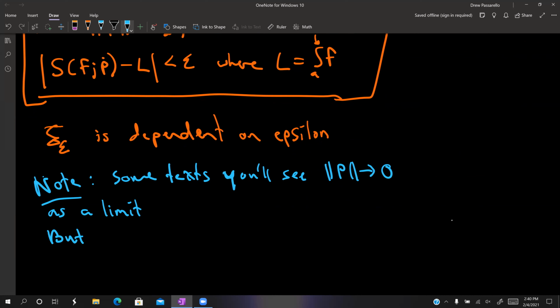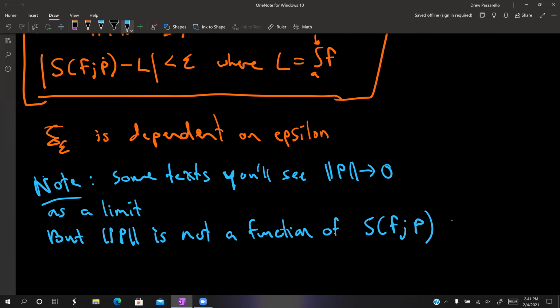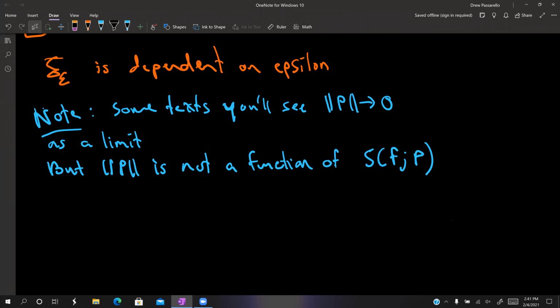But this limit isn't the limit that we've been talking about in regards to functions, as the norm is not a function of the sum. So this is basically a different type of limit than what we've been dealing with in the previous videos of this course. But the delta, regardless, still depends on epsilon.